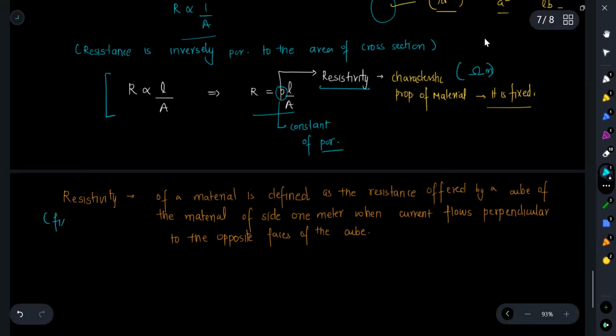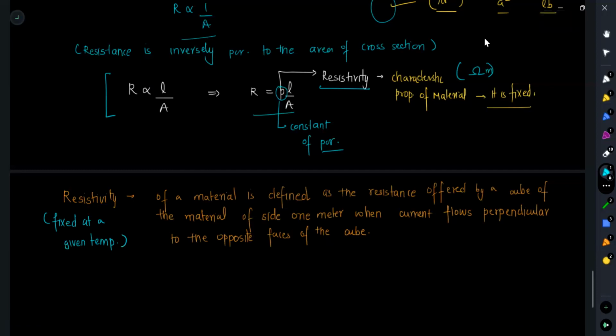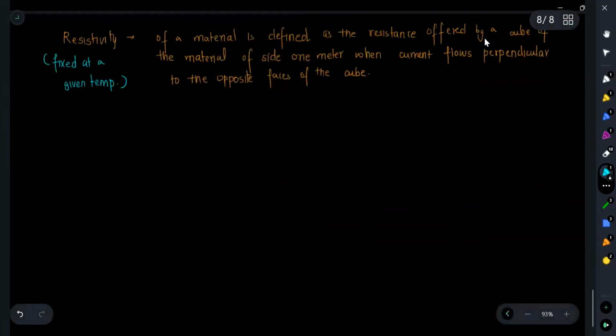Resistivity is fixed at a given temperature. Resistivity will also change with temperature. It is fixed only at a given temperature. There is something called temperature constant, but इतनी detail में हम resistivity के बारे में नहीं पढ़ेंगे.